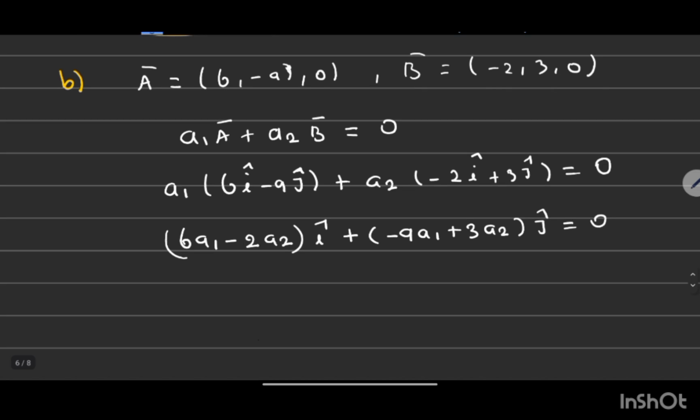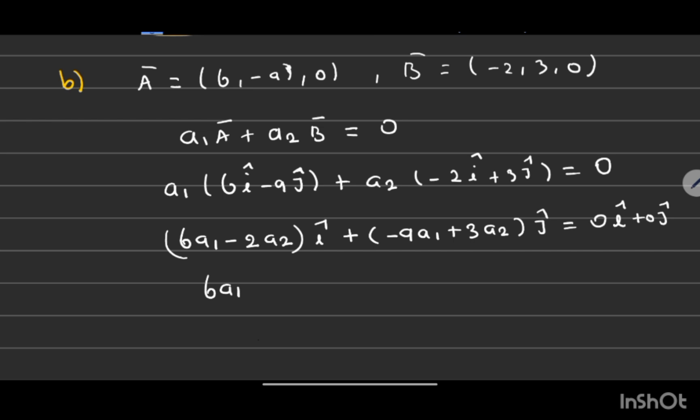On the right hand side you can write 0 times i and 0 times j.